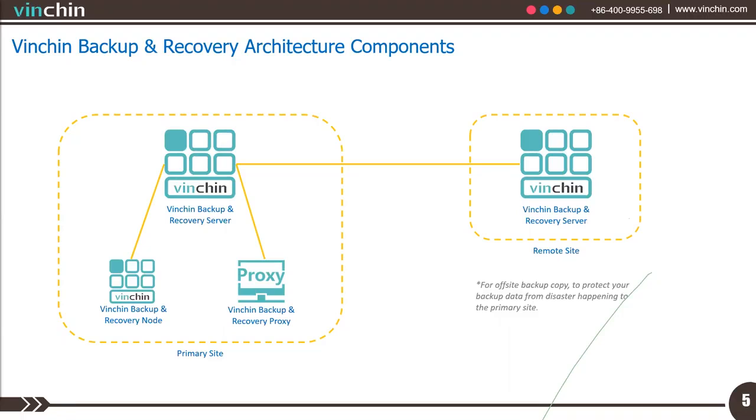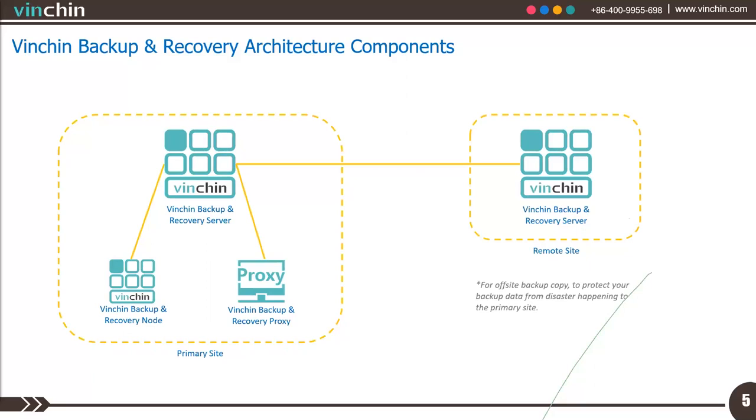To deploy the Vinchin Backup and Recovery solution, usually a single backup server will be enough. But if you have a large-scale production environment, you can also scale out the backup infrastructure by deploying Vinchin Backup Node to decentralize the workload on the Vinchin Backup Server.